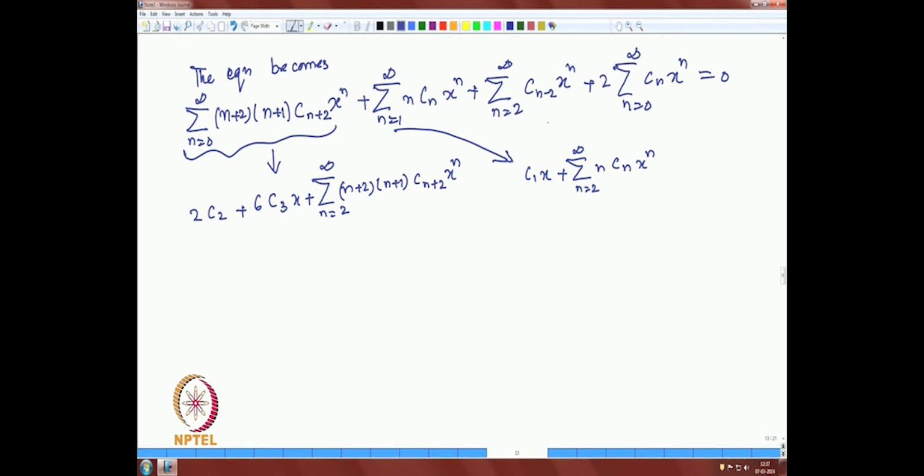And the third term we do not have to change. The last term we can change: this is 2 c_0 plus 2 c_1 x plus summation c_n x^n, n goes from 2 to infinity.